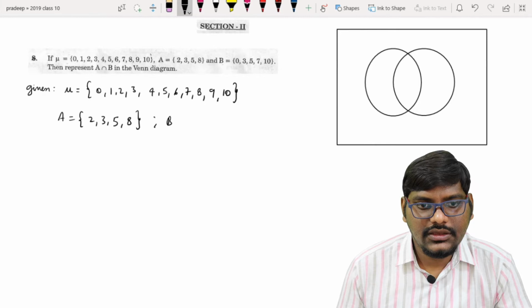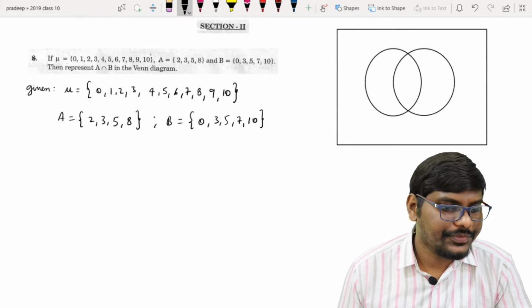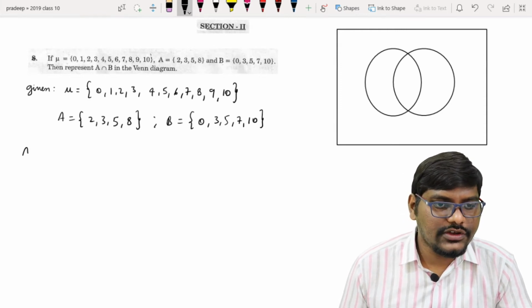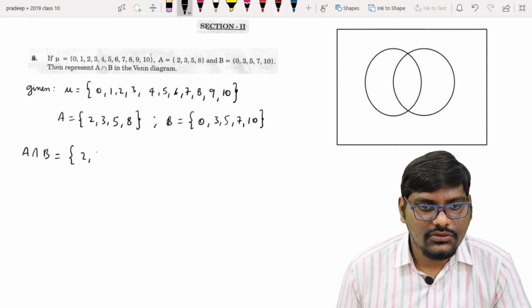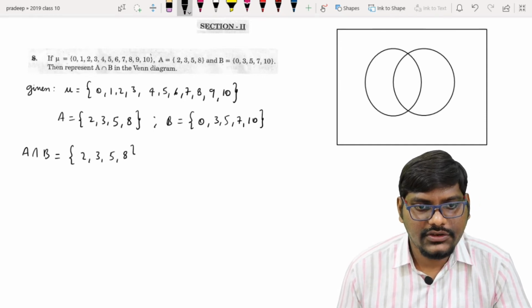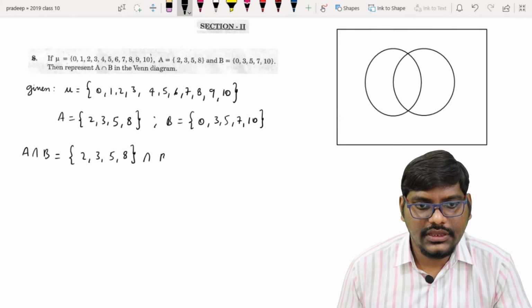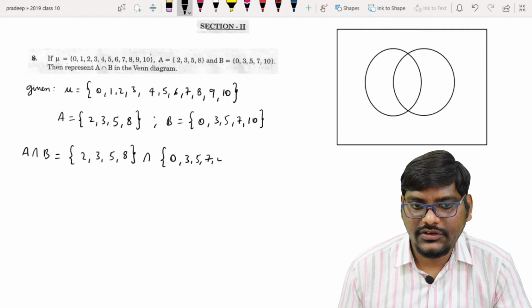So what is B? B equal to 0, 3, 5, 7, 10 is B. Okay, they asked us to do intersection, so A intersection B. So what is A? 2, 3, 5, 8. So what is B here? That is nothing but 0, 3, 5, 7, 10.